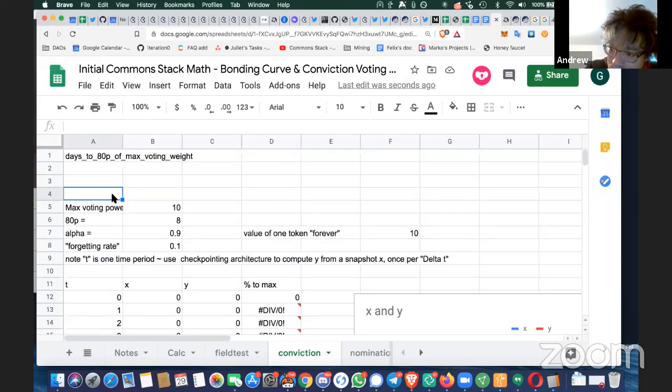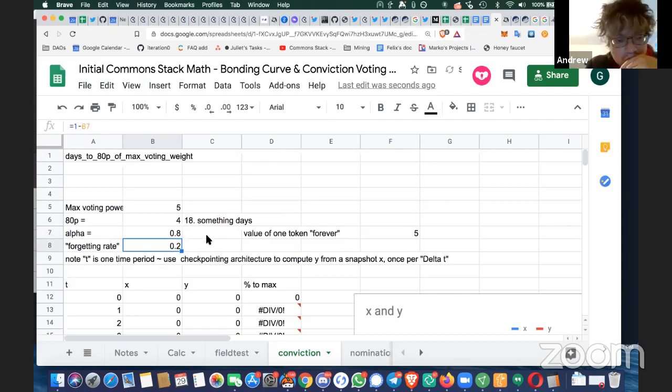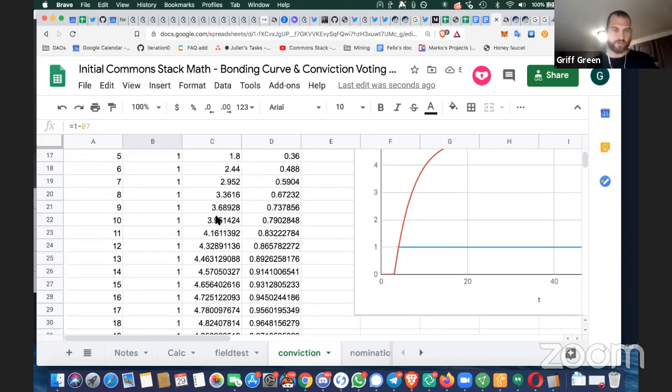So we're saying, if you vote, the calculations will be what they are, but here's how long it takes. So for 0.9, it's 18 point something days. This is just to fact check the math. So how long does it take to get to 0.4? This is like 10-ish days.